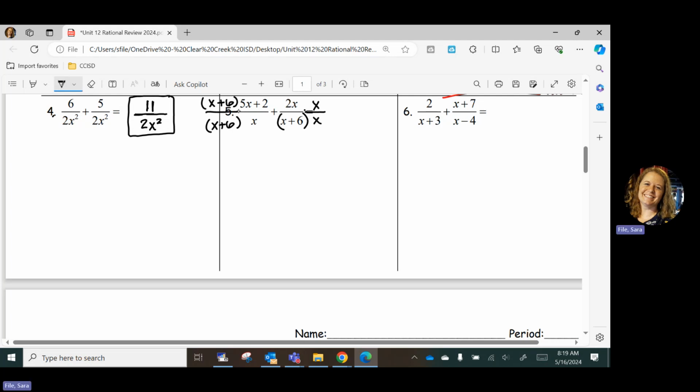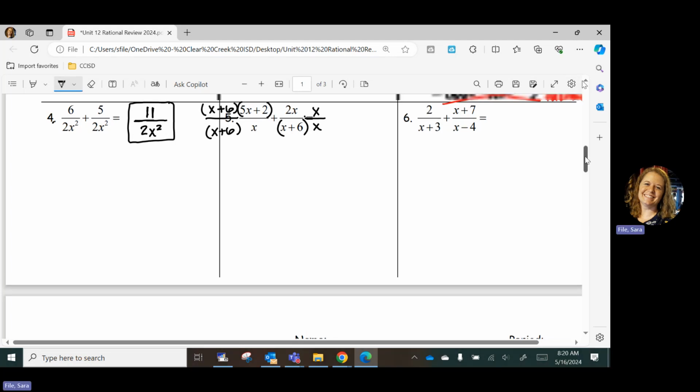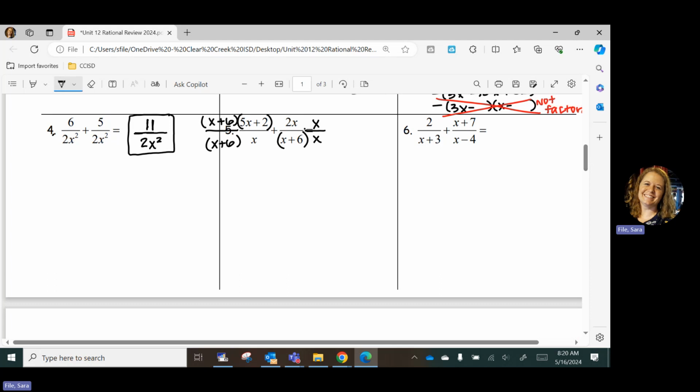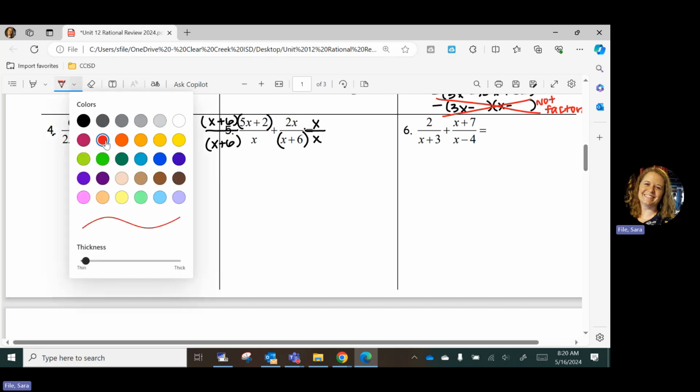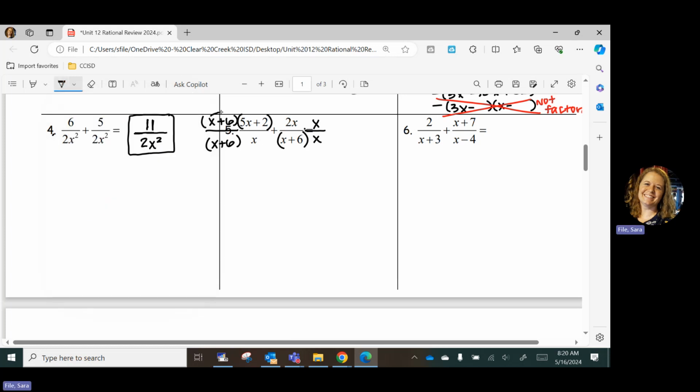Okay. So when we multiply on the left here, we've got a binomial times a binomial. x plus 6 times 5x plus 2. So you have got to do some distributing, double distributing. I'm going to come down here so we can draw some arcs. So we've got to distribute the x to both of those.